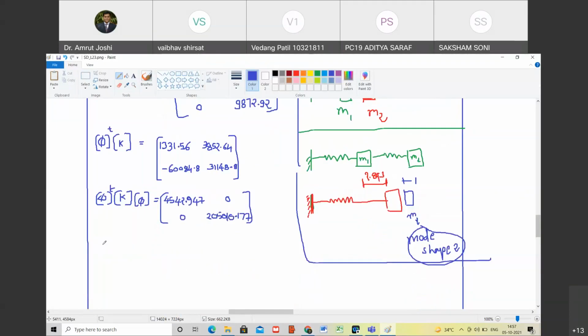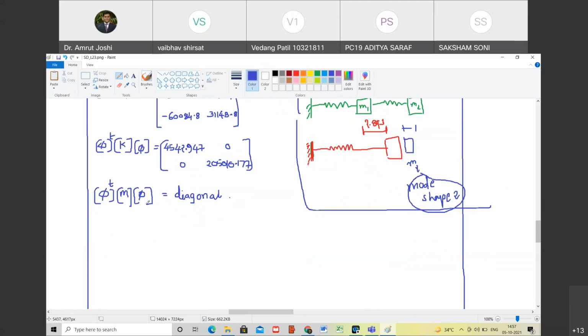Now let us try to find out what is phi transpose M phi. We already know it is diagonal. Do you agree with me? So if we know it is diagonal, let me express these elements of phi transpose C phi.